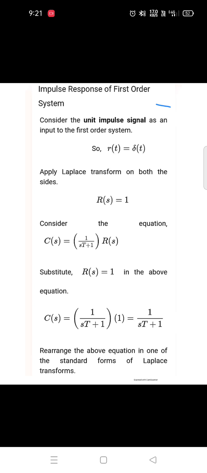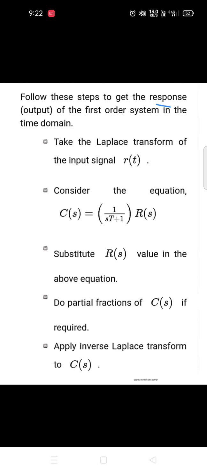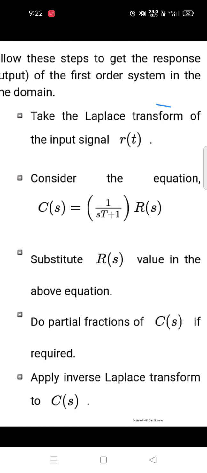Why 1? Because the Laplace transform of delta t comes as 1. Now we already derived the first order system for our first physical control system. It is C of s equal to 1 upon sT plus 1 into R of s.